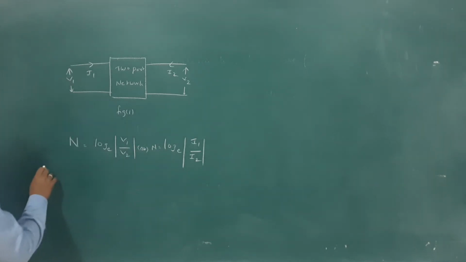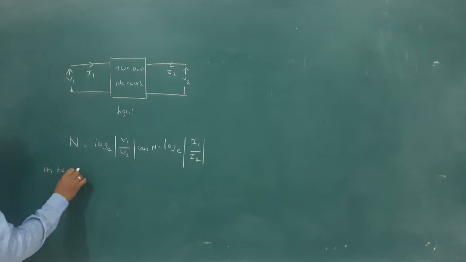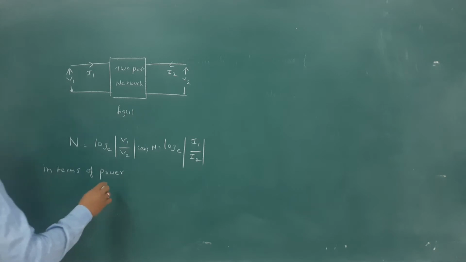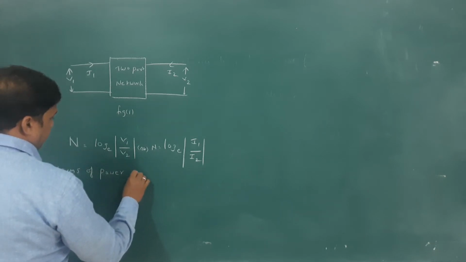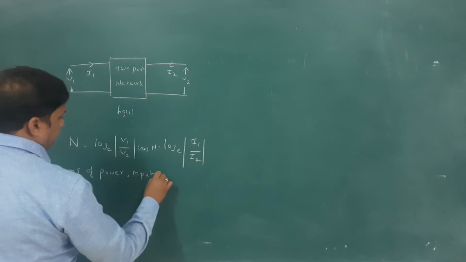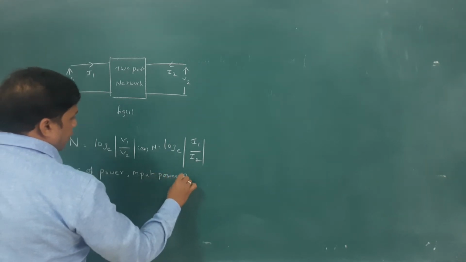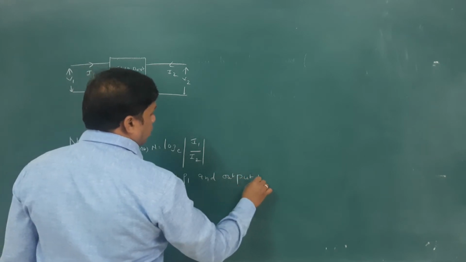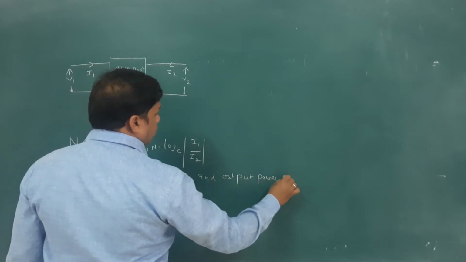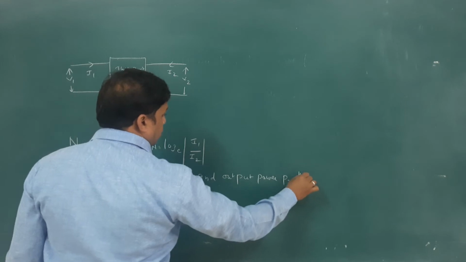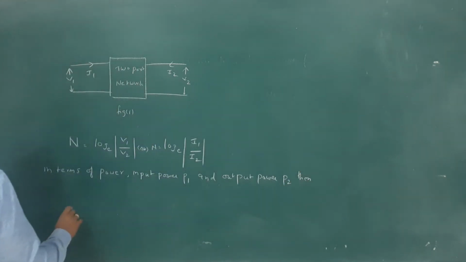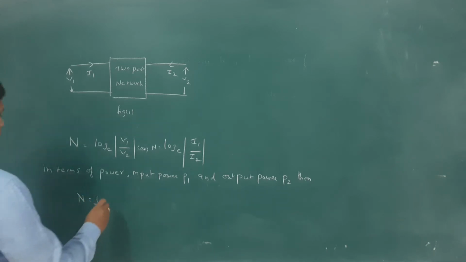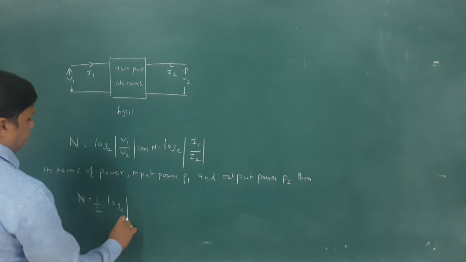It can also be expressed in terms of power. With input power P1 and output power P2, N equals 1 by 2 logarithm base e P1 by P2.